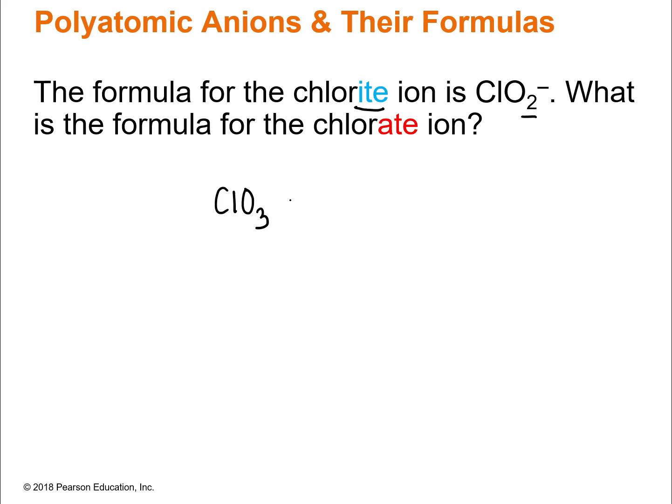It should have 3, and the charge should be the same. So you'll need to know the difference between the ATE and the ITE. This comes in handy when we're talking about naming ternary oxyacids. You will get a chart with this information, but you need to remember this.